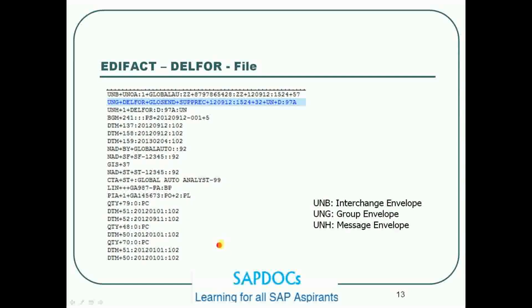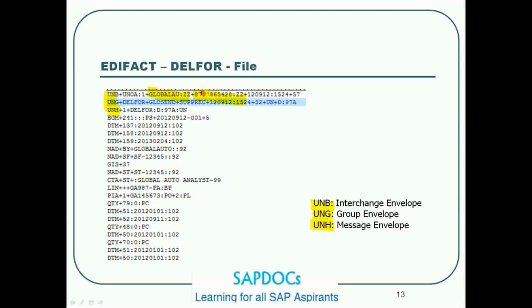Looking at a file for DELFOR. Similar to X12, EDIFACT also has 3 segments at the beginning of the file. They are also used as envelopes. And UNB is for interchange, UNG for group, UNH for message. In the envelope, in the UNB segment, this is the sender of the message, and this is the receiver of the message.